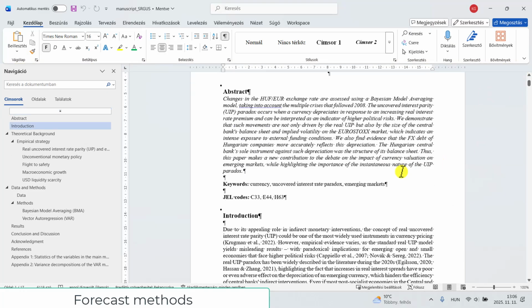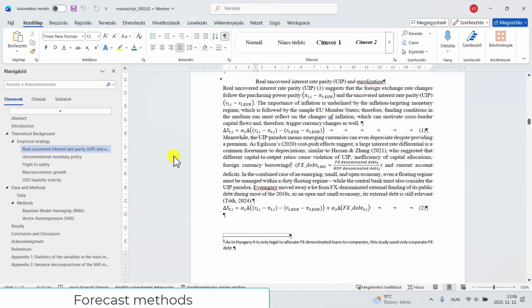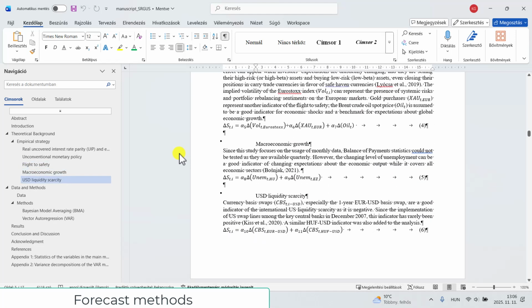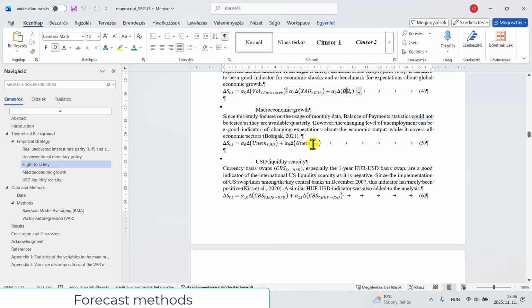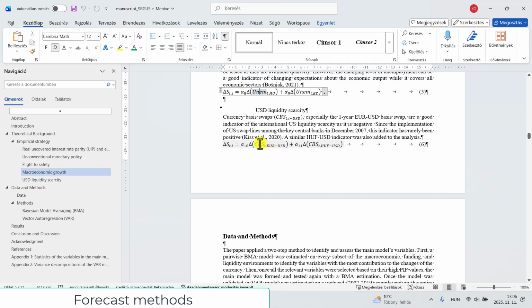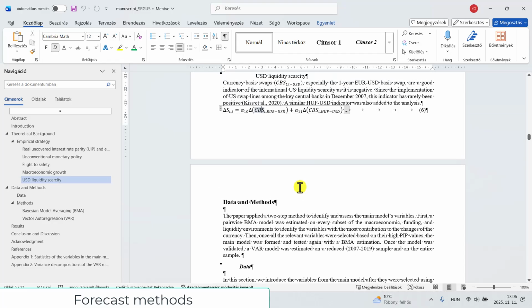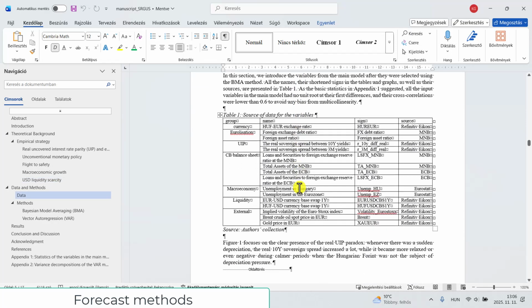So this will change sooner or later, but the original problem was that if you are checking the literature, we can see so many different suggestions: we should focus on volatility, we should check what is happening with gold, we should check what is happening with oil because of import prices, we should check what is happening with unemployment, or with external volatility, with US dollar liquidity scarcity, with currency-based swap lines.